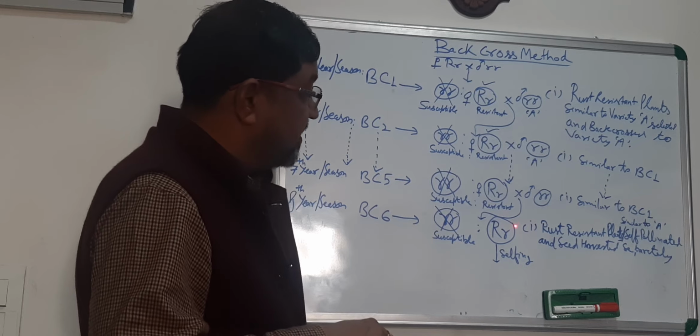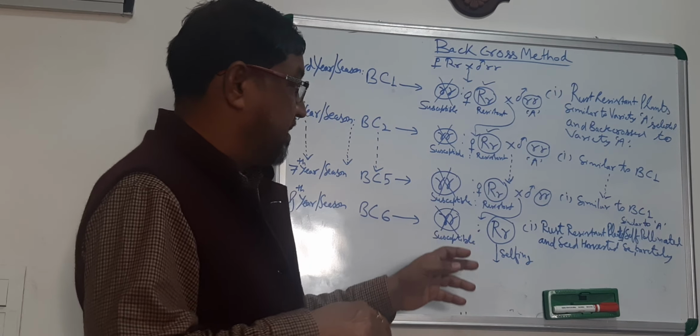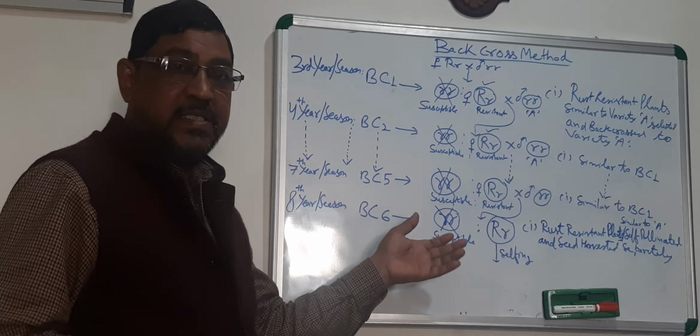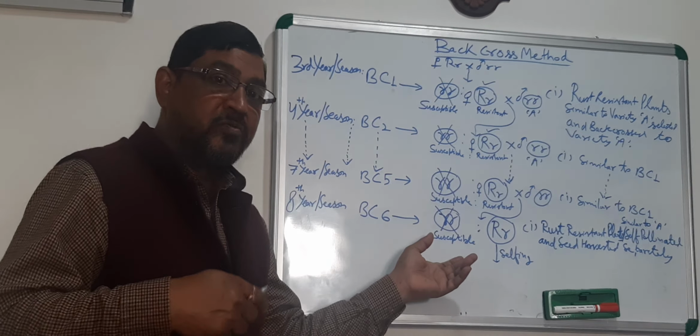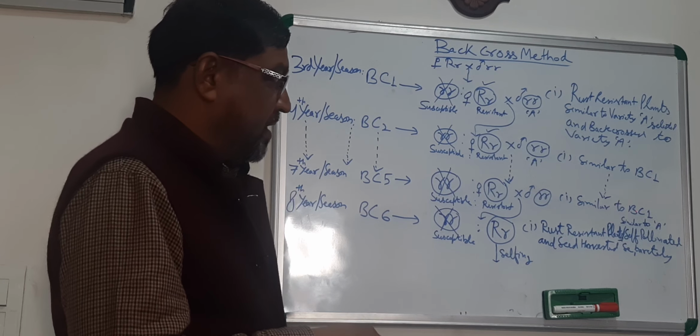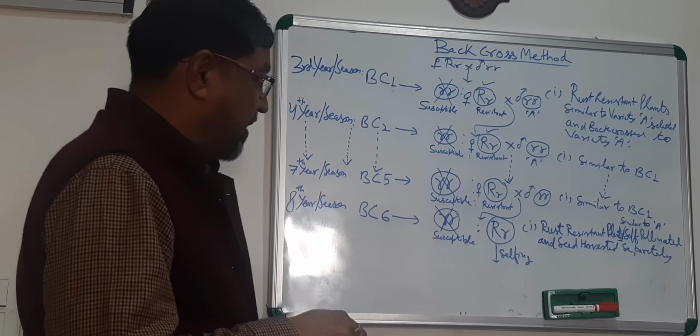Here in BC5, you are again crossing it to get BC6. Now in BC6 you are going for selfing. In BC5 also you have done the similar thing, similar to BC1. Now you are harvesting the seed.